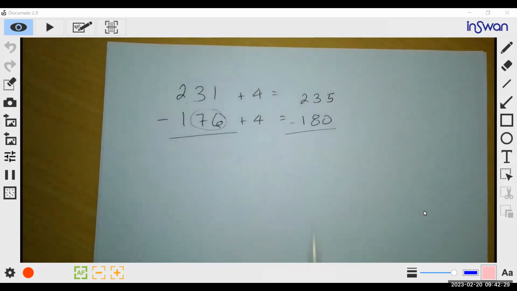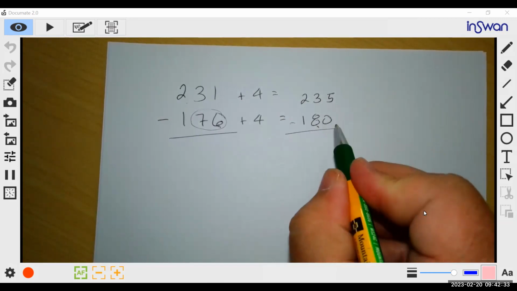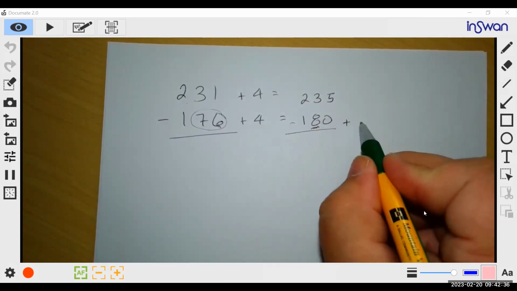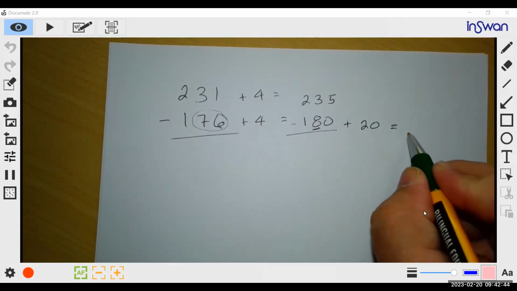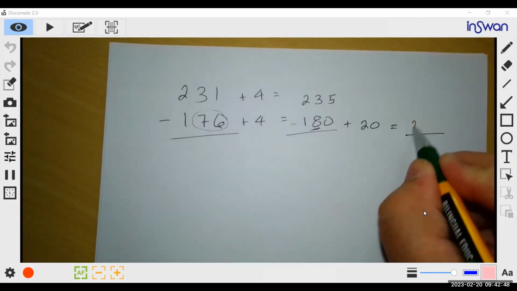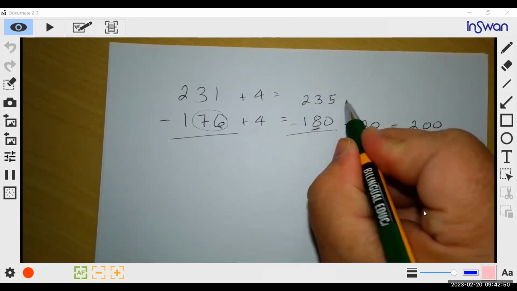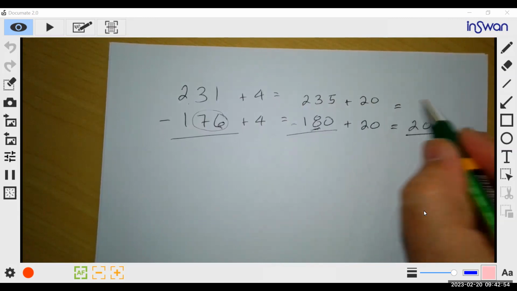Okay, we're not done yet because we still have a second digit here. To get rid of the 8, let's add 20. What's that going to equal? 180 plus 20 is 200. 235 plus 20 is what?